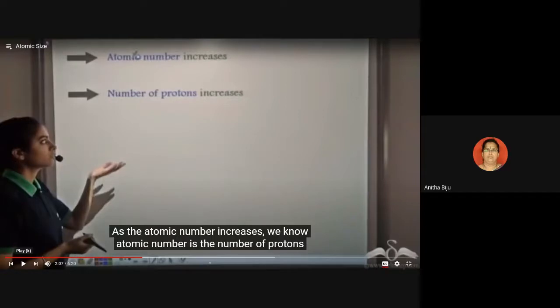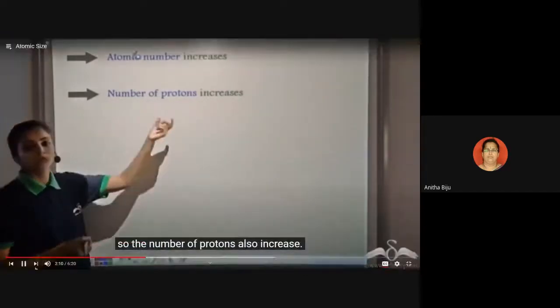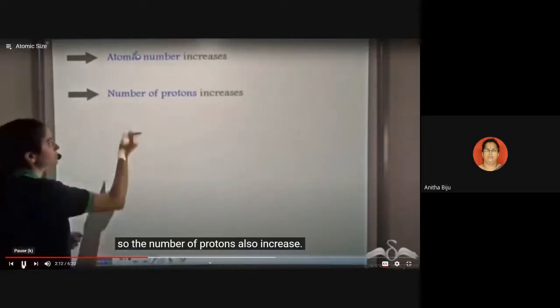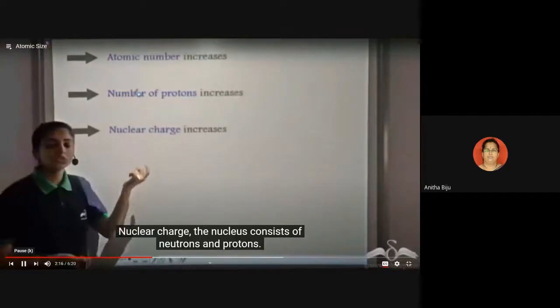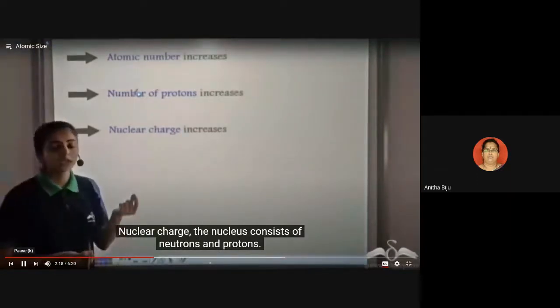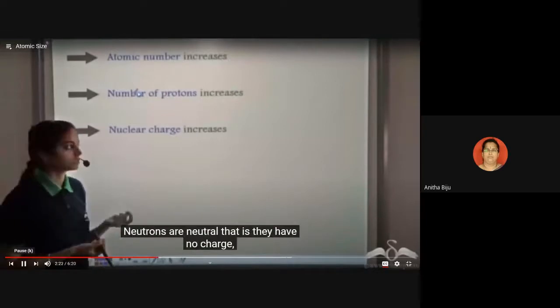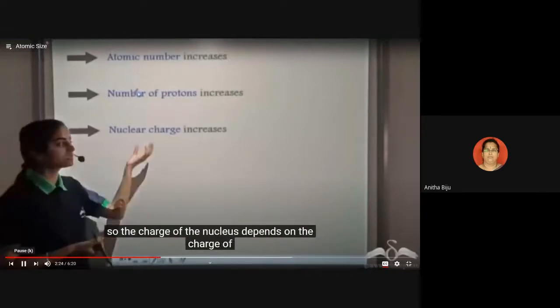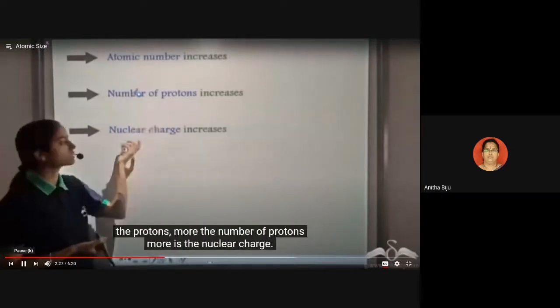These are some explanations. We know atomic number is the number of protons. So the number of protons also increases. Nuclear charge: the nucleus consists of neutrons and protons. Neutrons are neutral, that is, they have no charge. So the charge of the nucleus depends on the charge of the protons. More the number of protons, more is the nuclear charge.